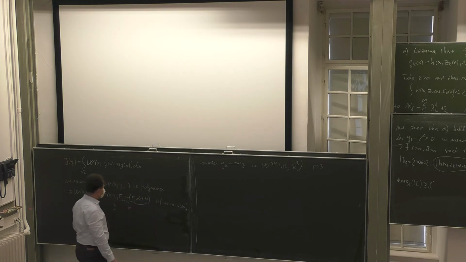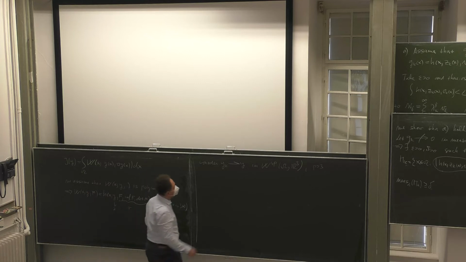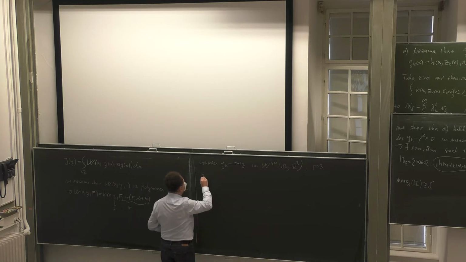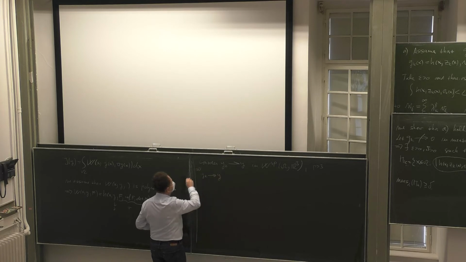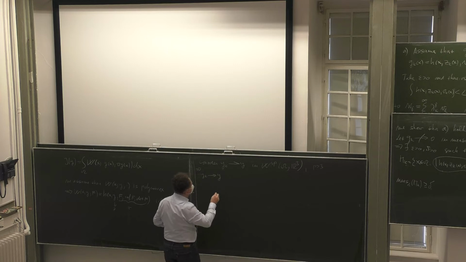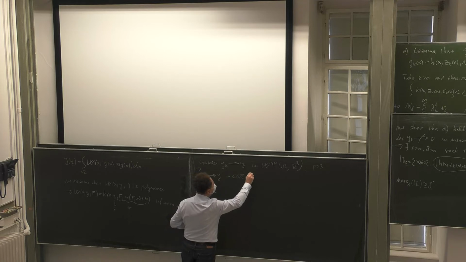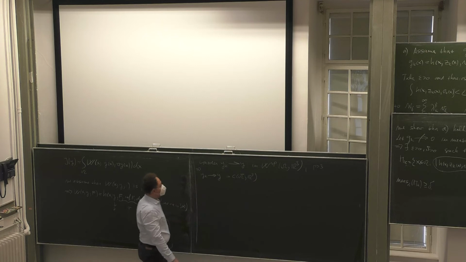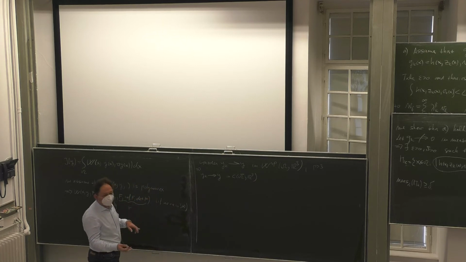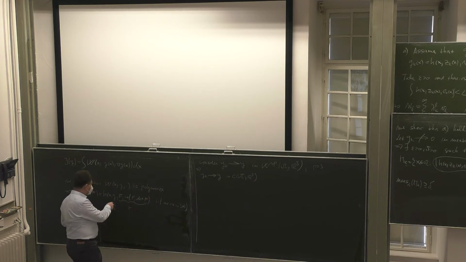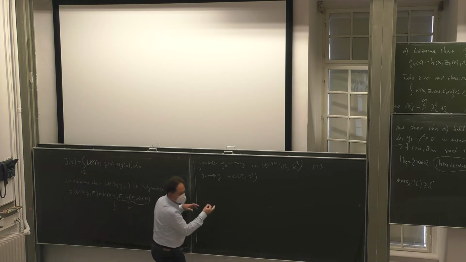So if you have this, then what we know is that y_k goes to y in C of omega closure uniformly. So in particular, we have pointwise convergence. So somehow we don't have to assume the pointwise convergence here, because we get it from this setting of the problem.